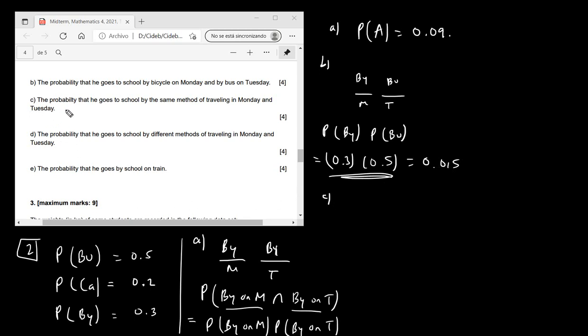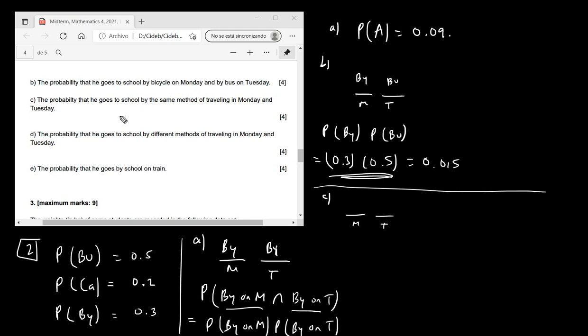C. The probability that he goes to school by the same method of traveling on Monday and Tuesday. This is where it gets a little complicated. A little. How do I solve that problem? Okay, so we have Monday, Tuesday, and the question is this.